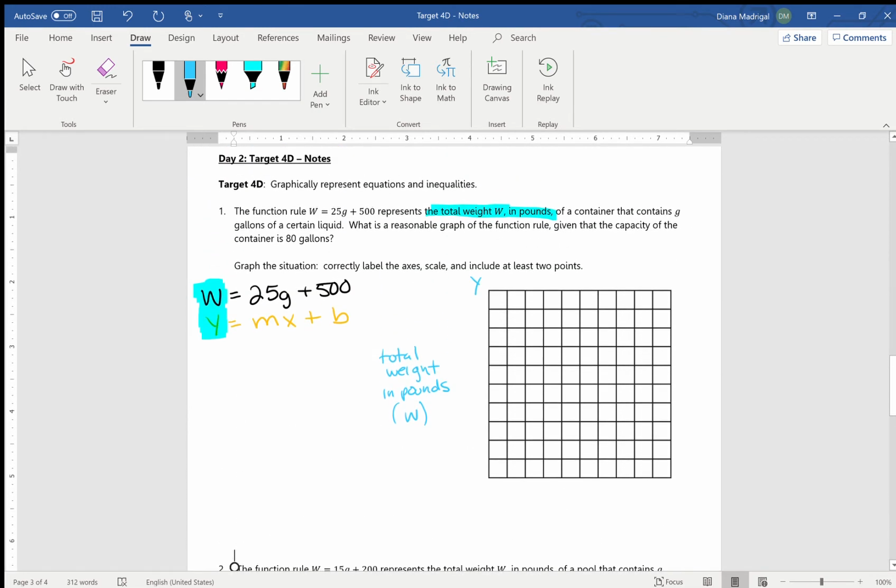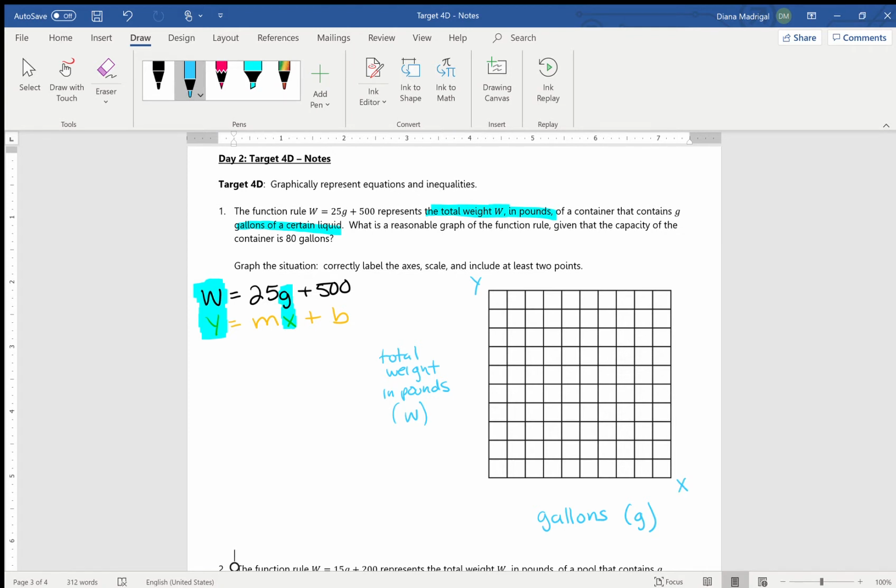The title for x in this one, remember x is right here, that means it's represented by the letter G. And what does the G stand for? G is the gallons of a certain liquid. So G will be gallons, represented by the letter G, because this is the x-axis.